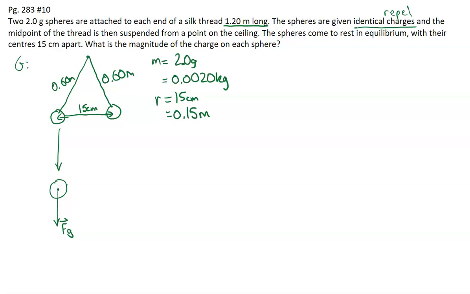We have this force of tension that's in the actual string. And we also have this electrostatic force that's trying to repel them directly opposite from each other, or away from each other. So we have all three of those forces acting on the one on the left, and then the one on the right, they're going to have all three just mirrored on the other side.